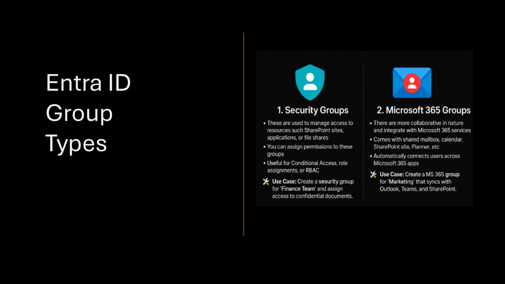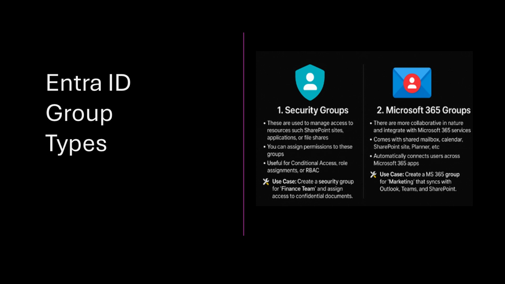For example, you might create a security group called Finance Team and assign it permission to view confidential financial documents across multiple systems. When you need more than just access control, when you want your users to collaborate, you'll turn to Microsoft 365 groups. These groups are tightly integrated with Microsoft 365 services and come bundled with a shared mailbox, calendar, SharePoint site, planner, and more.